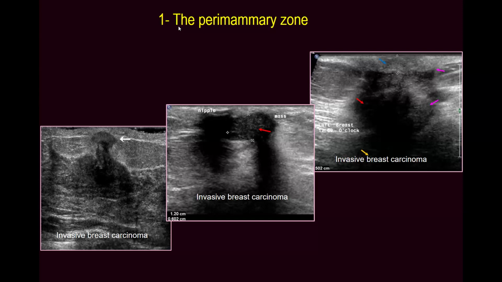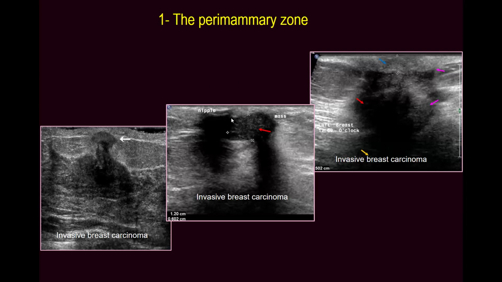There is invasion of the superficial fascia. There is destruction or invasion of the superficial fascia. This one here is invasion of the superficial fascia. This one here has invasion of the superficial fascia as well as the skin.